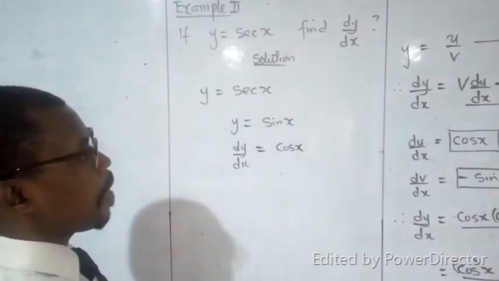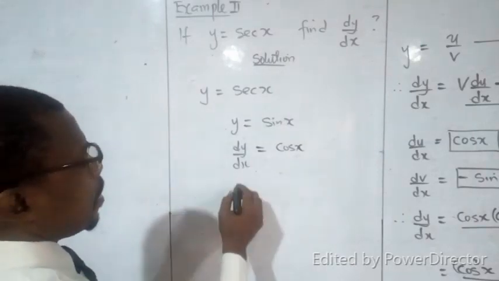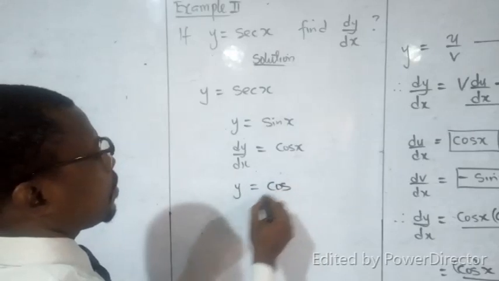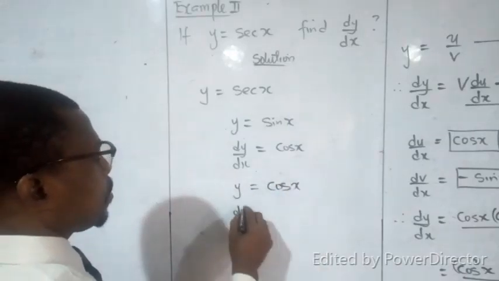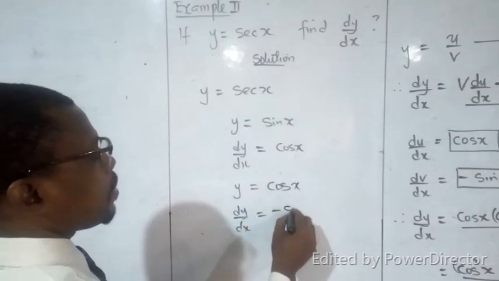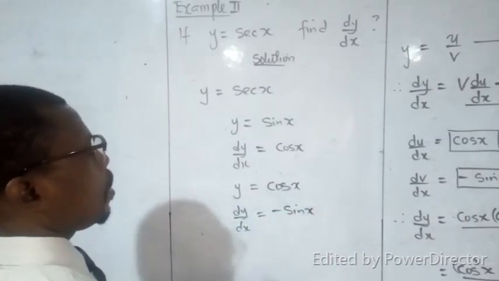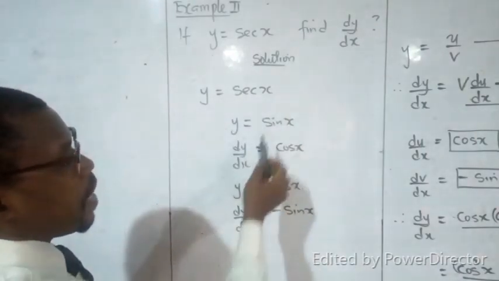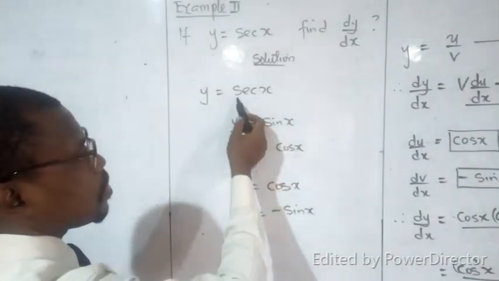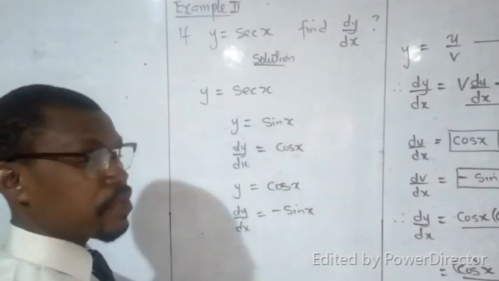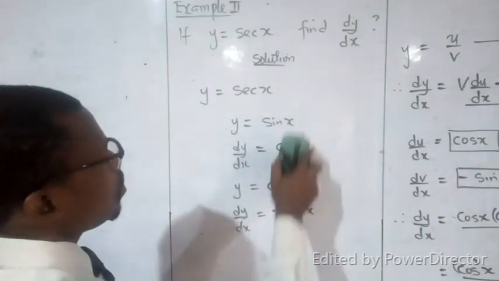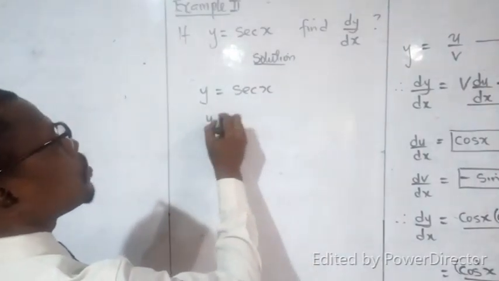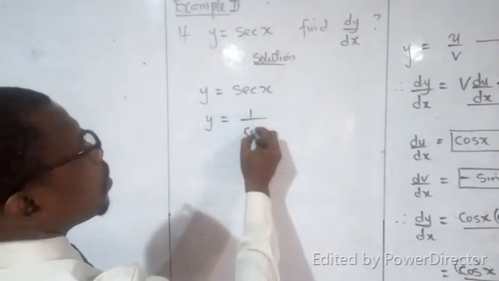I know this. And I know that if y is equal to cos x, then dy dx is equal to minus sine x. So this one will prompt me into changing this to either sine or cos, because it's an inverse of cos precisely. So that will lead me to changing this. So y becomes 1 over cos x.